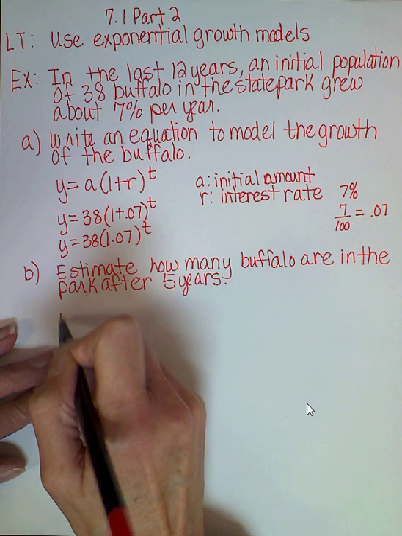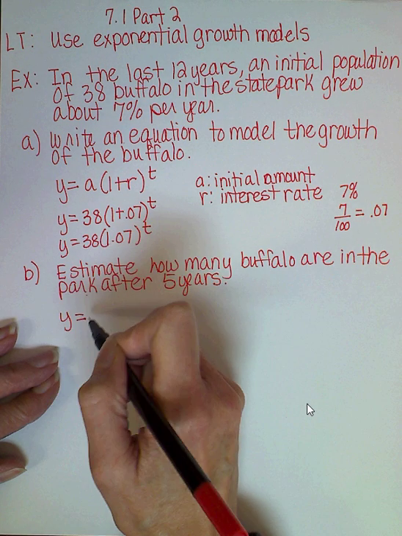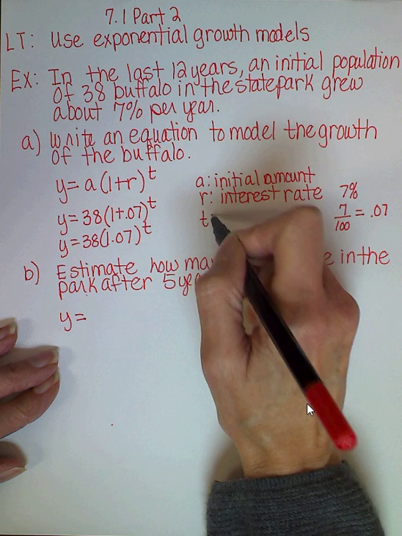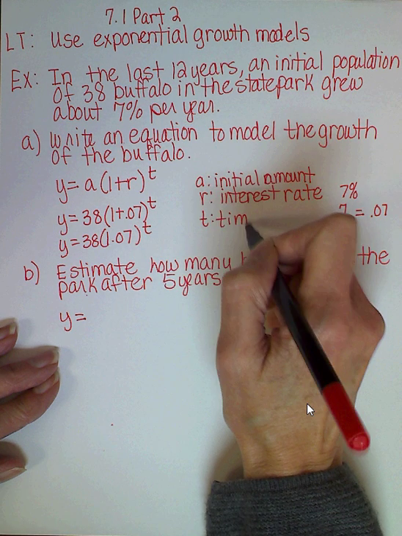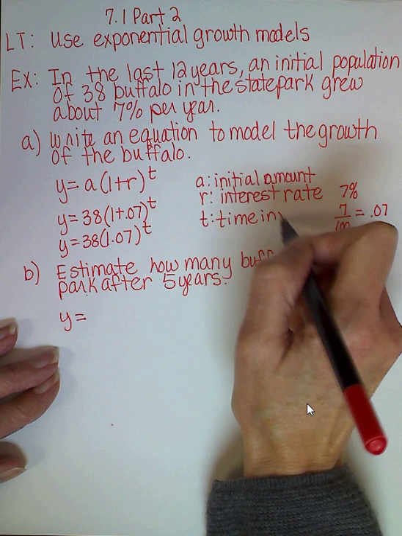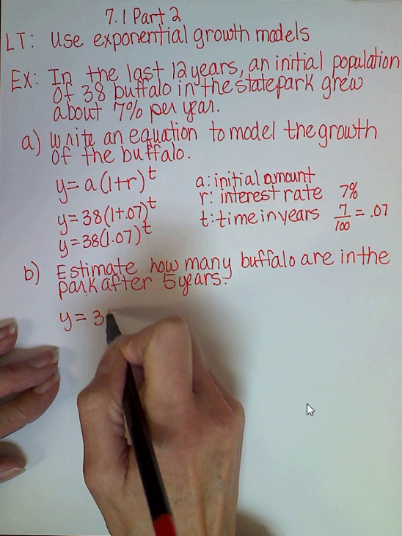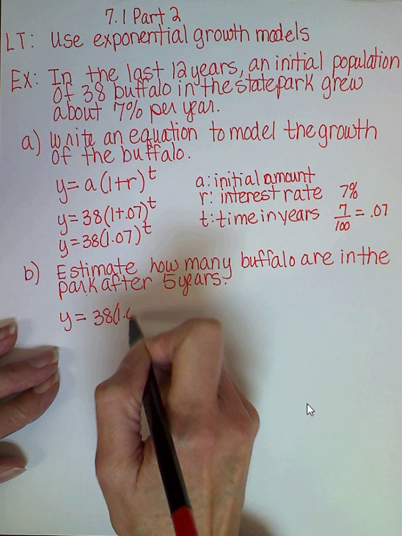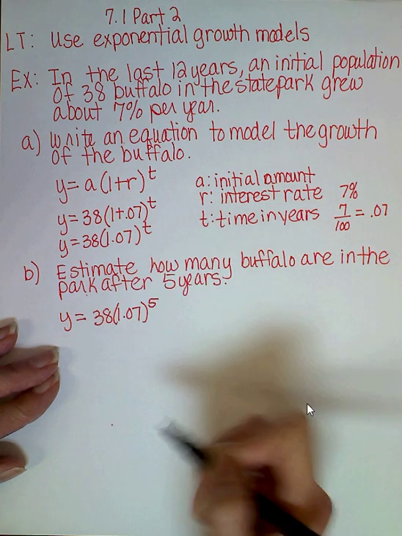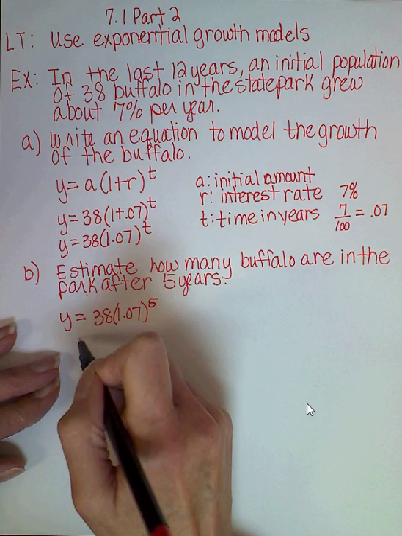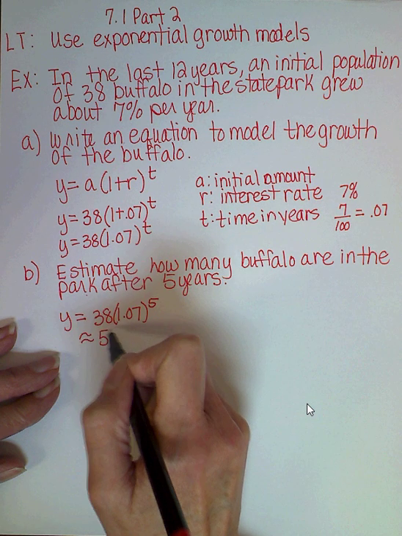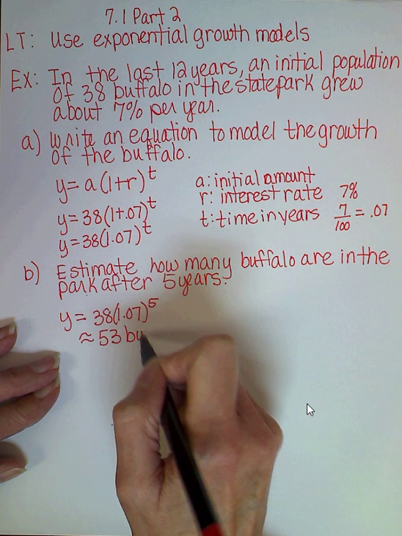Okay, so we're just going to plug in. I forgot to mention that t is time in years. Okay, so we'll plug in 5 for our t variable. And we just enter this in the calculator, and we get approximately 53 buffaloes.